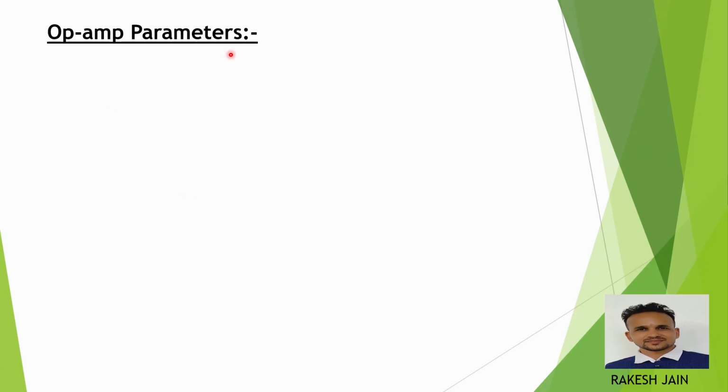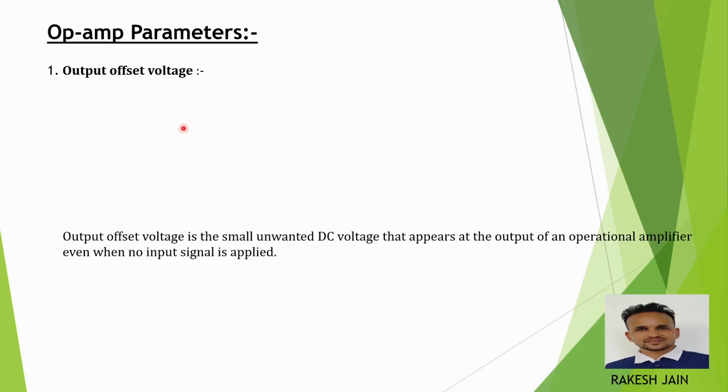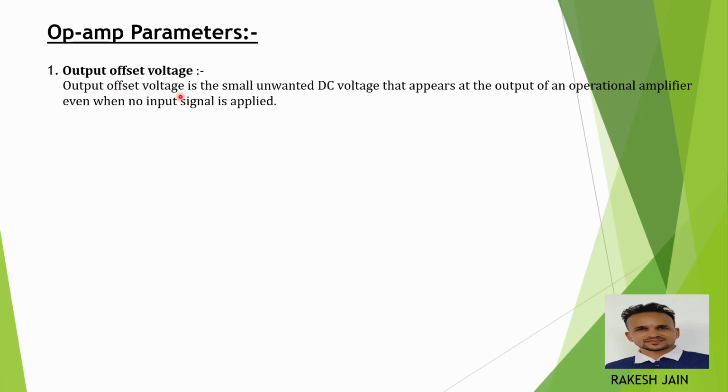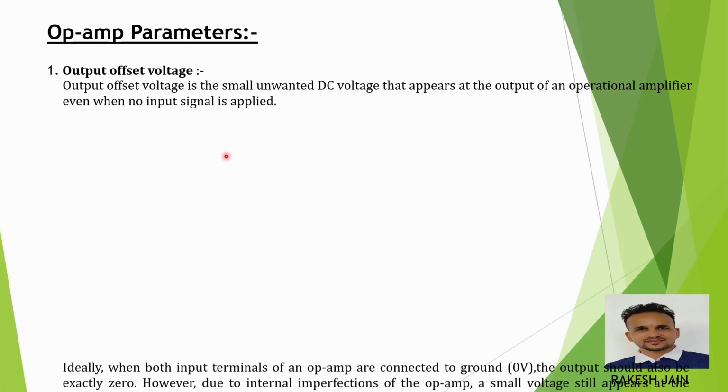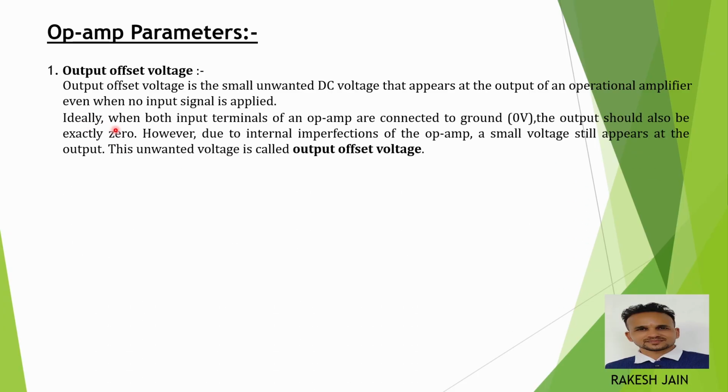Operational amplifier parameters. The first parameter is output offset voltage. Output offset voltage is the small unwanted DC voltage that appears at the output of an operational amplifier even when no input signal is applied. Ideally, when both the input terminals are connected to ground, that is 0 volt, the output should also be exactly 0.